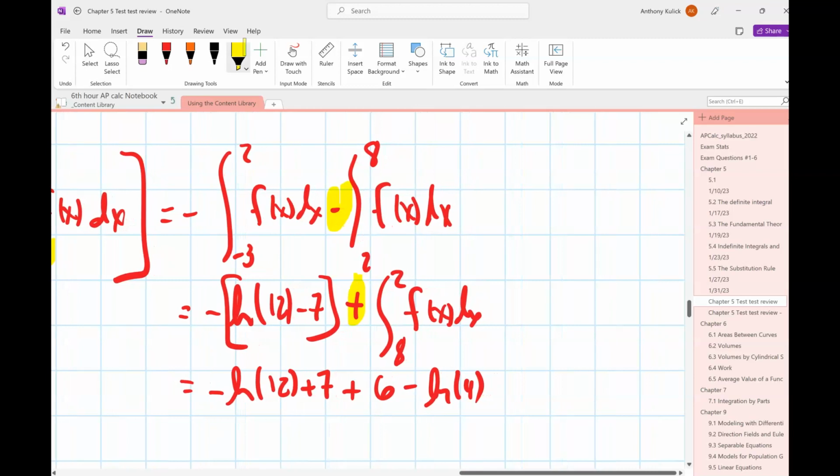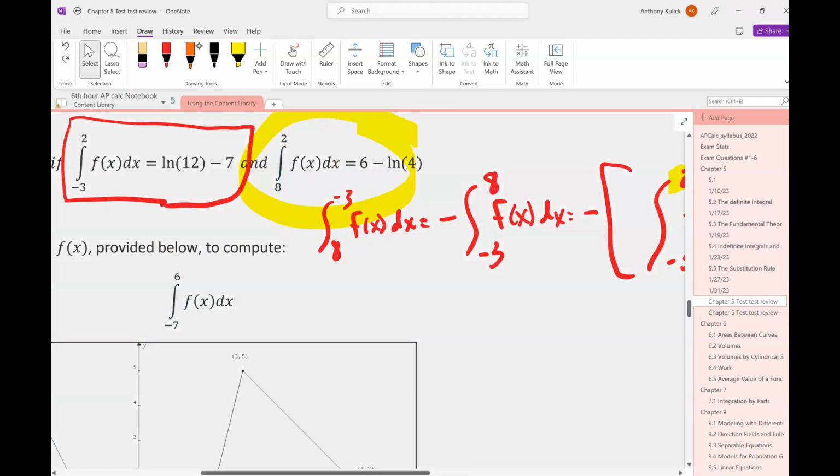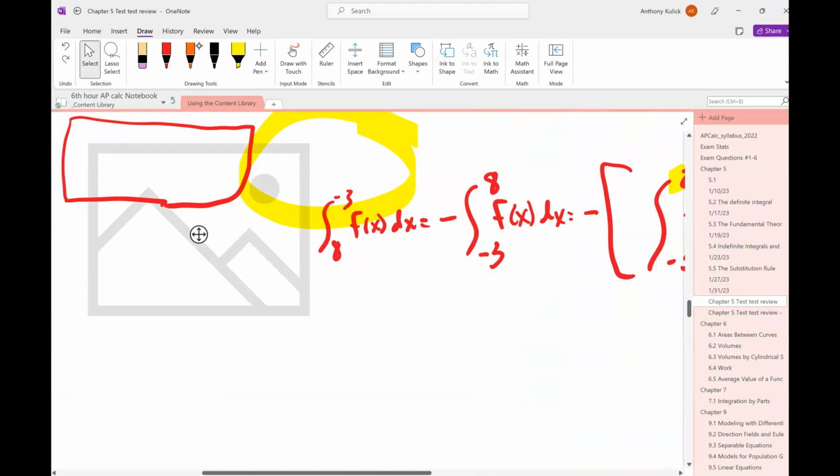That's why I made it positive. Negative, negative is positive. Going from this guy to this guy, it was negative. So when I flipped it, it became positive, because it was already negative. Yeah, negative of a negative is a positive, right? So if you keep flipping, it's going to be another negative, even if 2 to 8 is not negative.